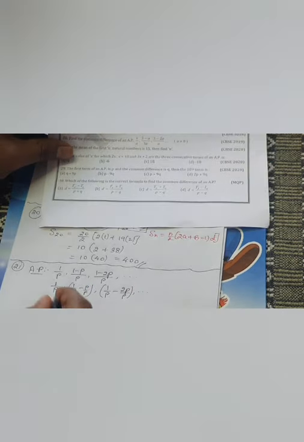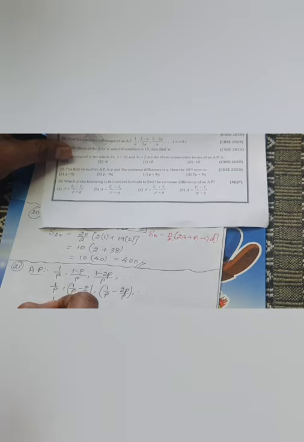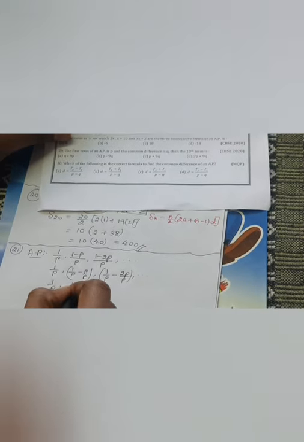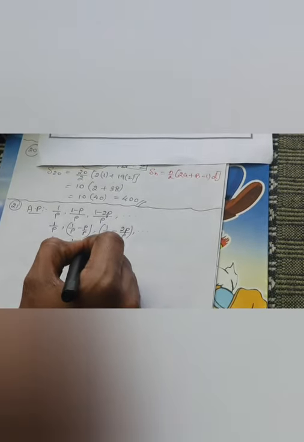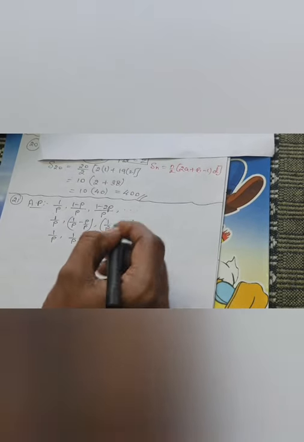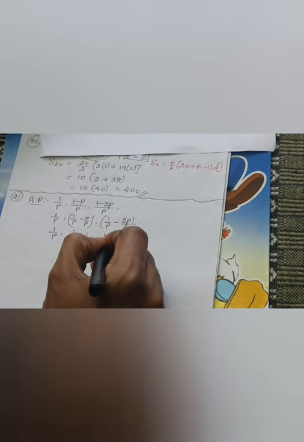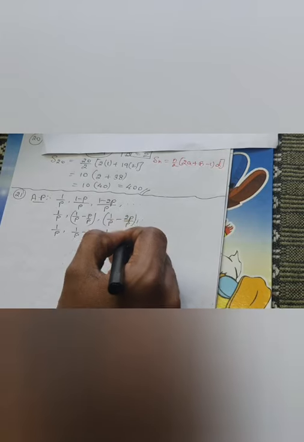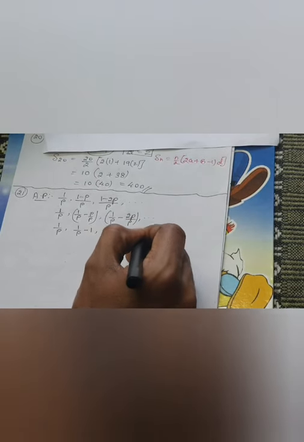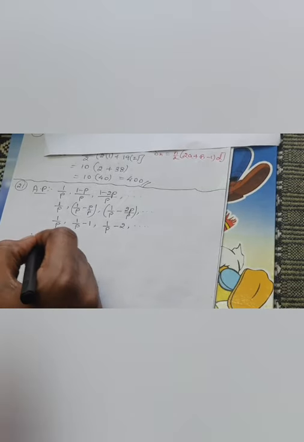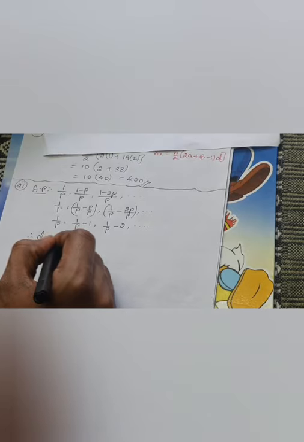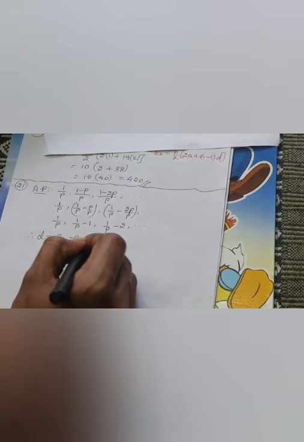See what happens here. The AP becomes 1 by p, then 1 by p minus p by p, where p gets cancelled, giving minus 1. And again 1 by p minus 2p by p, where p gets cancelled, giving minus 2, and so on. Therefore, the common difference d is a2 minus a1.